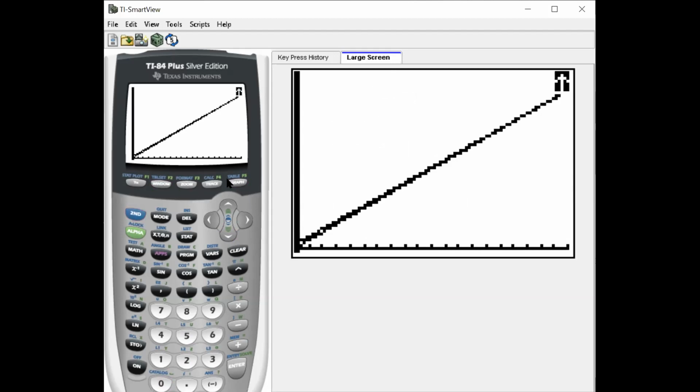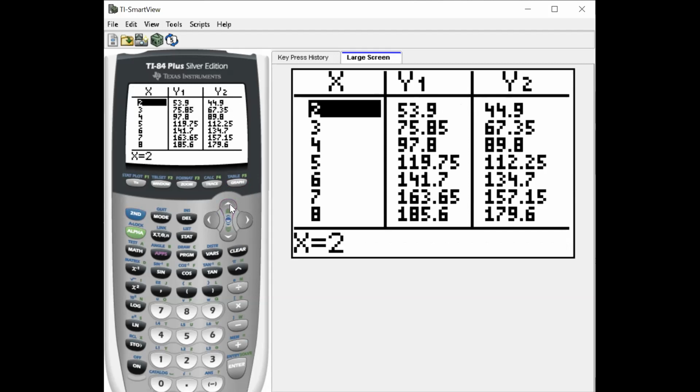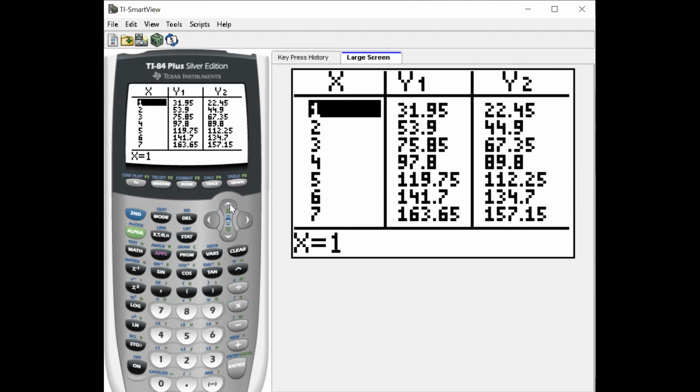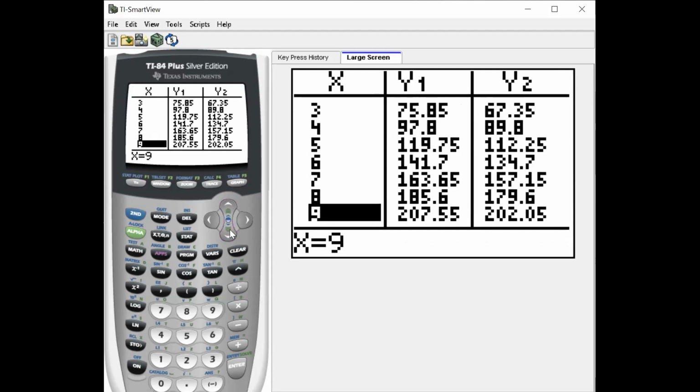So I'm actually just going to hop over to the table quick and just see what's going on. So to start, our y1s look like they are larger than our y2s. And that is the same from the very beginning. Our y1 is larger. So let's just see, where do they cross?